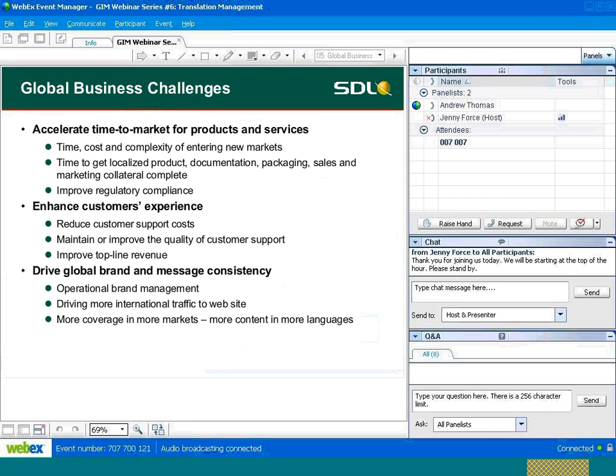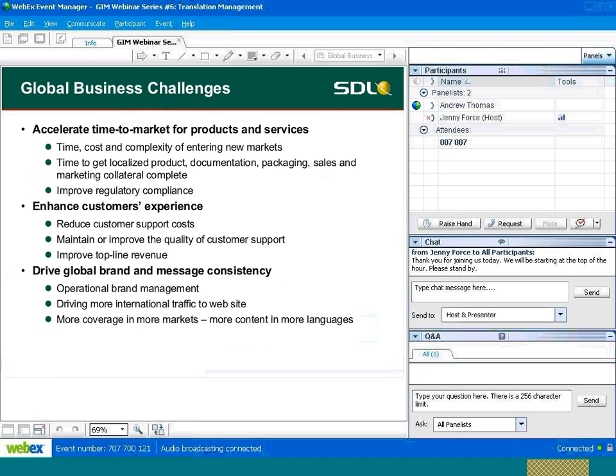And entering brand new markets is very time and cost heavy. And entering those new markets oftentimes requires localization because the new market would be an area that probably does not speak your language. And of course, you also have to worry about making sure that you're consistent with whatever legal requirements are for that new market.